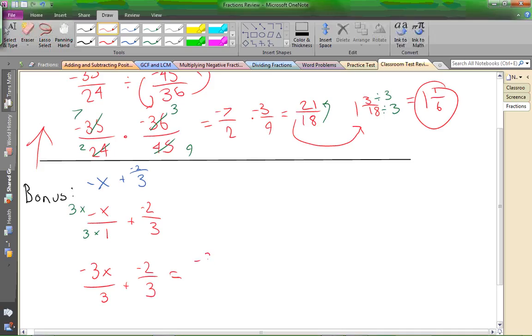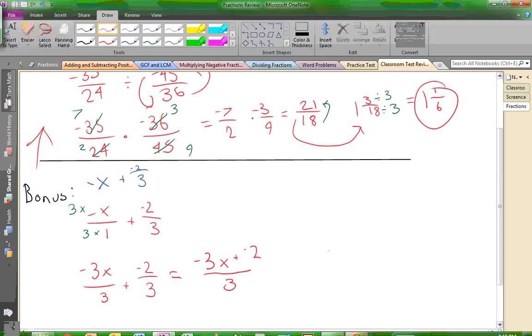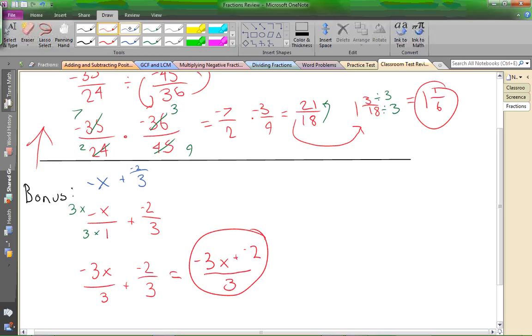So it would equal negative 3x plus negative 2 over 3. So this would be your final answer right here.